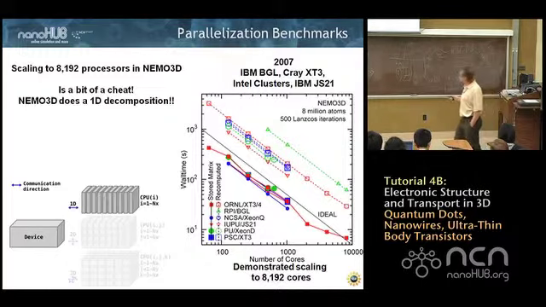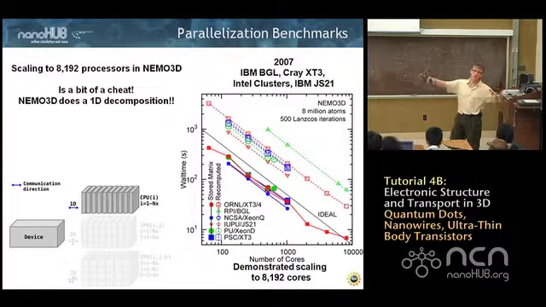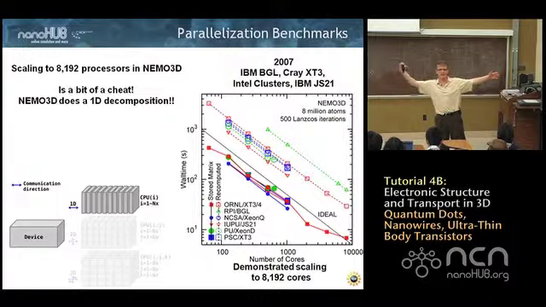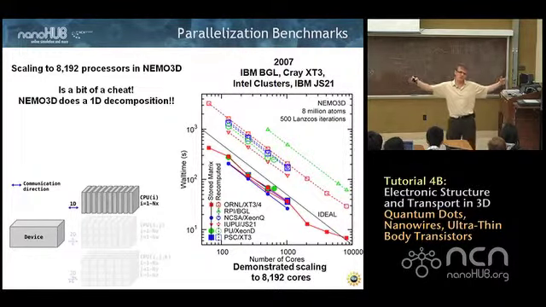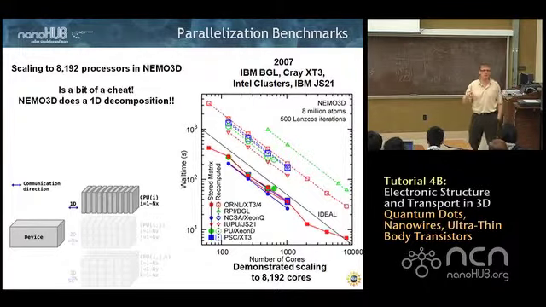The graph I showed you with scaling to 8,000 cores in NEMO3D is really a cheat, because it was a really, really long nanowire that I could slice 8,000 times. Well, I'm not particularly interested in these really long and thin nanowires, right? If I really want to slice something 10,000 times, I got to slice it this way. Okay, so that was one of the achievements of 2 of my students, Suni and Hoon, that actually implemented code that scales like that.